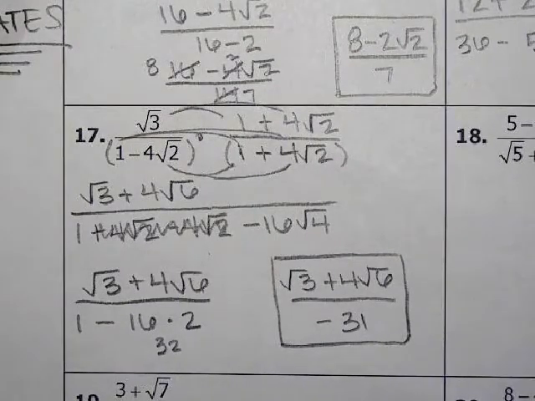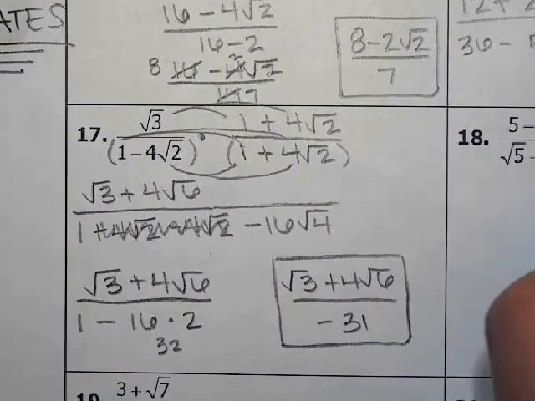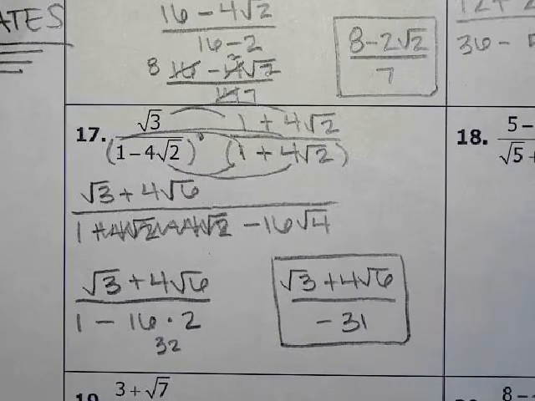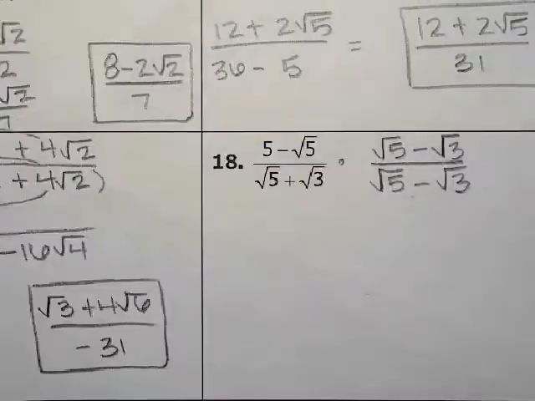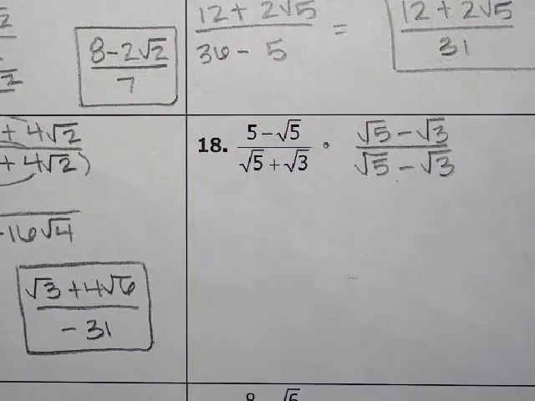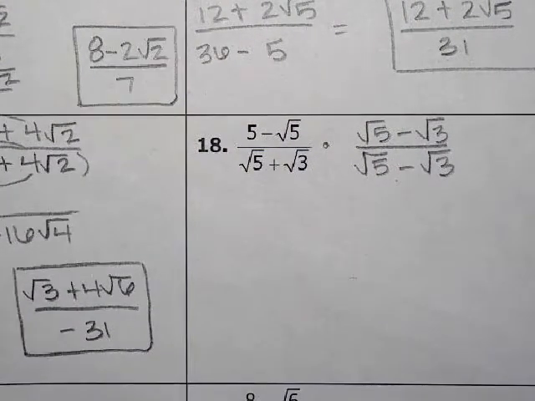Alright, next problem. We're going to multiply by 1. Root 5 minus root 3. Oops, sorry, couldn't see. So this problem is obnoxious because you have to FOIL the top and the bottom.